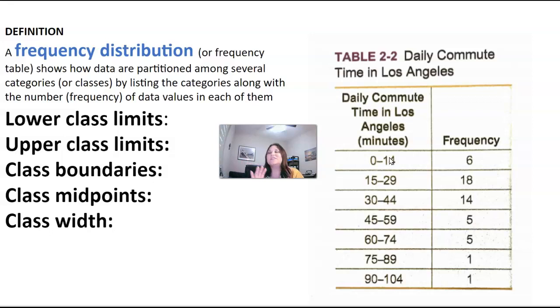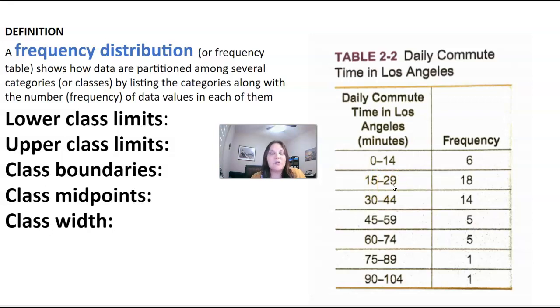Anyway, you have a certain number of drivers, and what this table is telling you is that out of the sample of drivers that they have information about, 6 of those drivers have a commute time anywhere between 0 and 14 minutes. 18 have a commute time anywhere between 15 and 29 minutes.